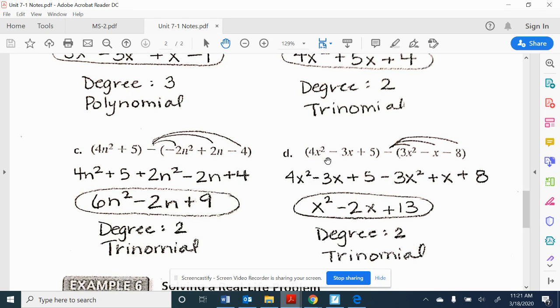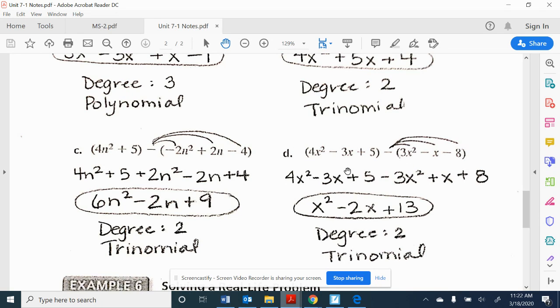Over here, 4x squared minus 3x plus 5 minus 3x squared minus x minus 8. Again, we'll distribute the negative. 4x squared minus 3x plus 5 minus 3x squared minus a minus is a plus x minus a minus is a plus 8.